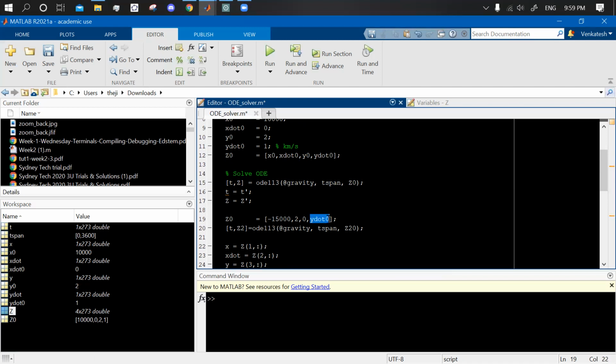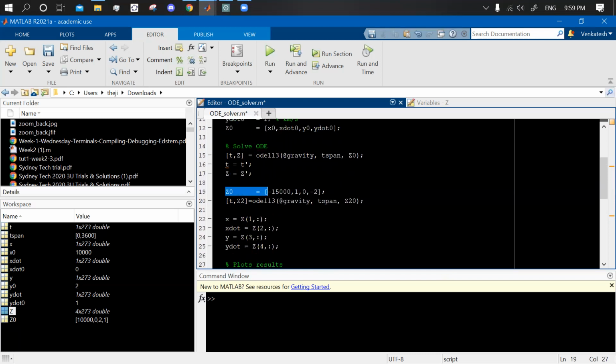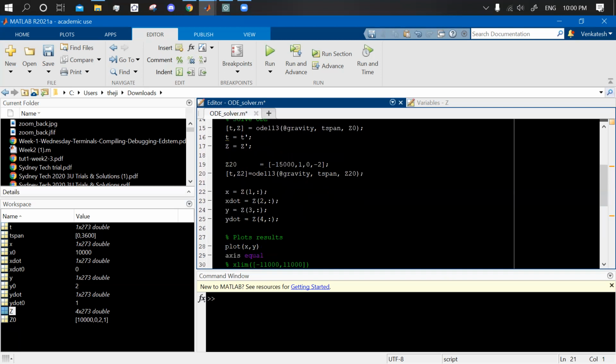And then Y dot, make it negative 2, and I'll make this 1.5. This should work fine. Something like this. This satellite I might expect to escape. Yeah, Z2 naught, that's right, and this is the second satellite here.